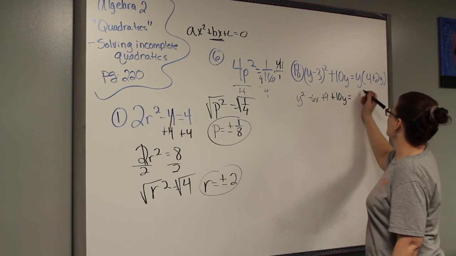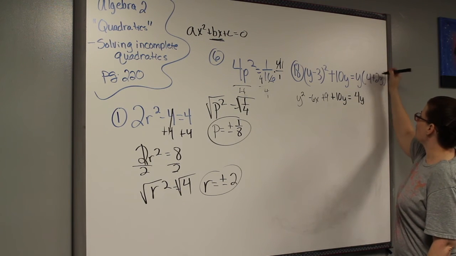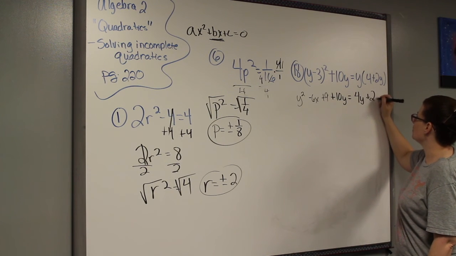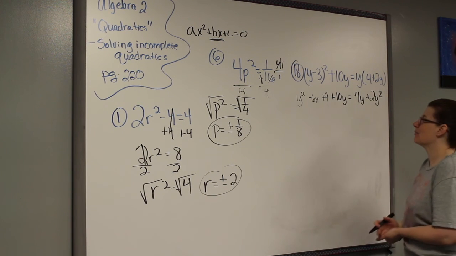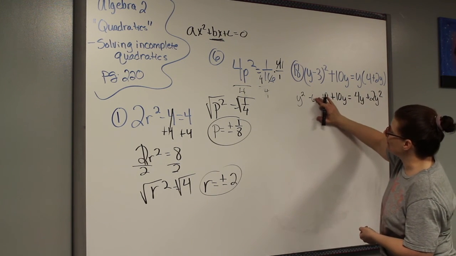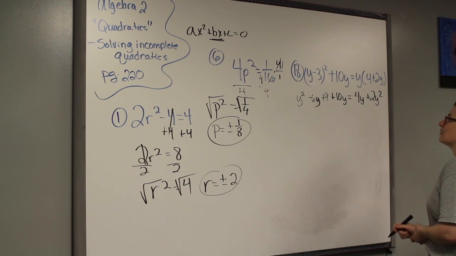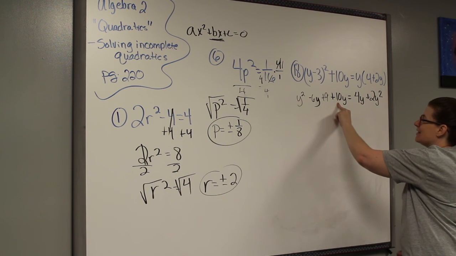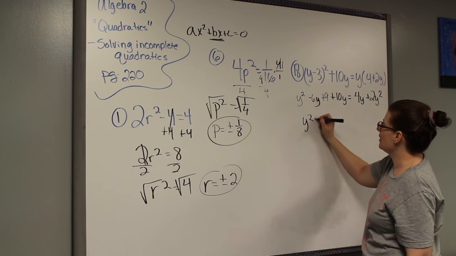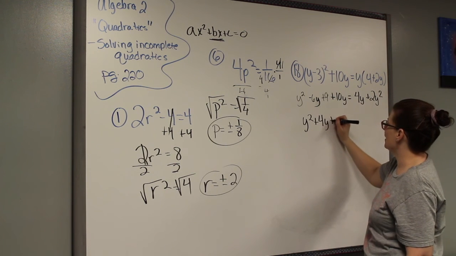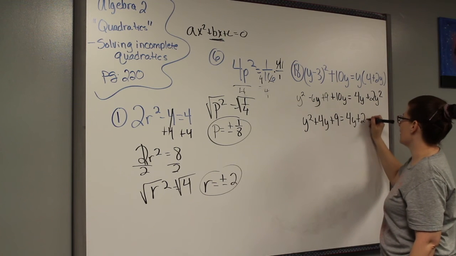Plus 10y, and then on this you got y times 4, which would be 4y, and y times 2y, which would be 2y squared. Okay, so now we've got to combine, and I put an x here, this is a y. That would really mess you up. Alright, so now I have negative 6y and 10y on that side, which is going to give me 4y. So I have y squared plus 4y plus 9 equals 4y plus 2y squared.